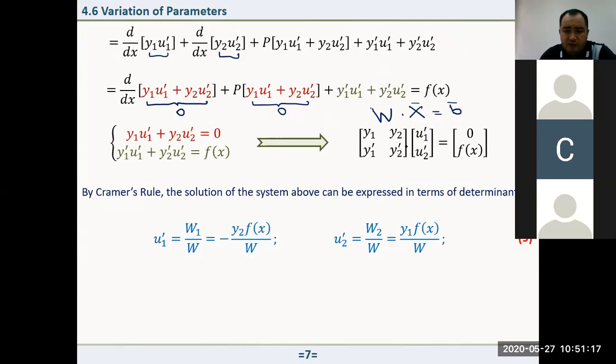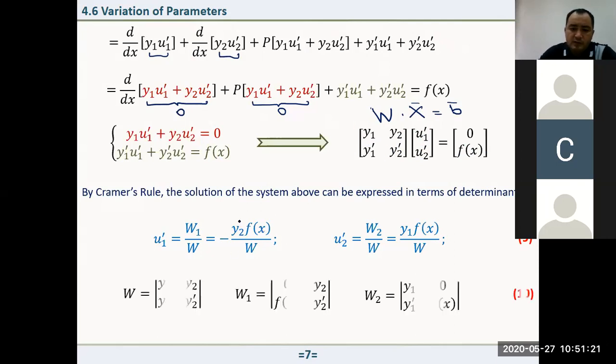So this one, if I denote this with W, then W1 is the same matrix as this, but the first column is replaced by this vector. Or this column. And this W2 means the same matrix, only the second column is replaced by this.